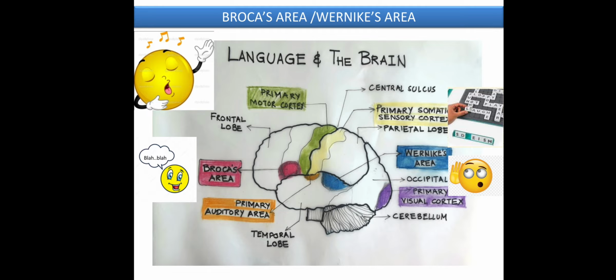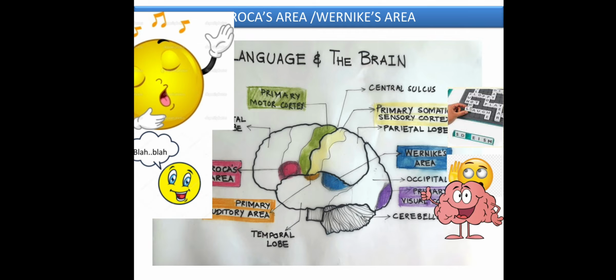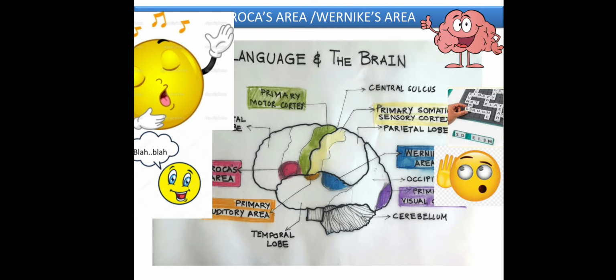This can sometimes be treated by teaching the patient to sing, and they can talk that way. Wernicke's area is involved in speech comprehension and forming meaningful sentences. Both these areas are located in the left hemisphere, Broca's area in the frontal lobe and Wernicke's area in the temporal lobe.